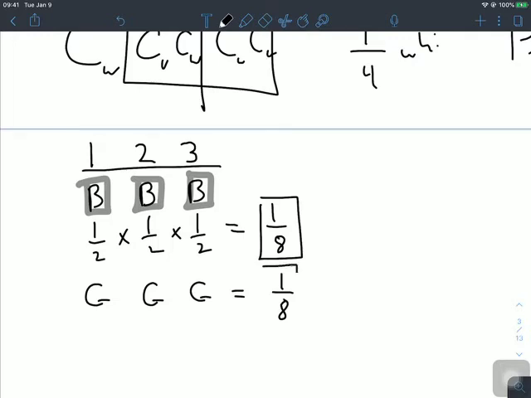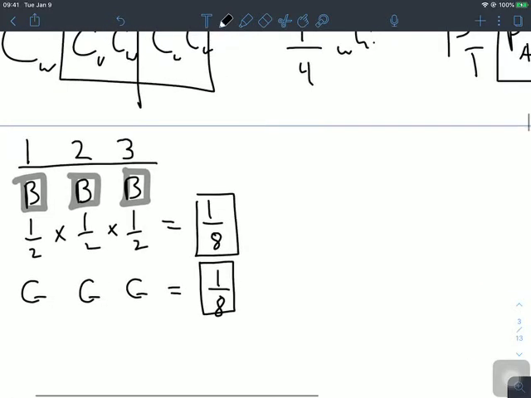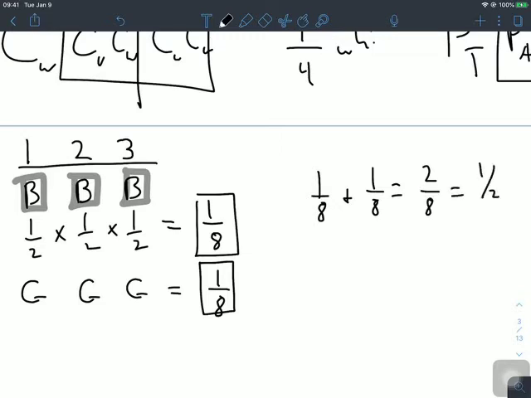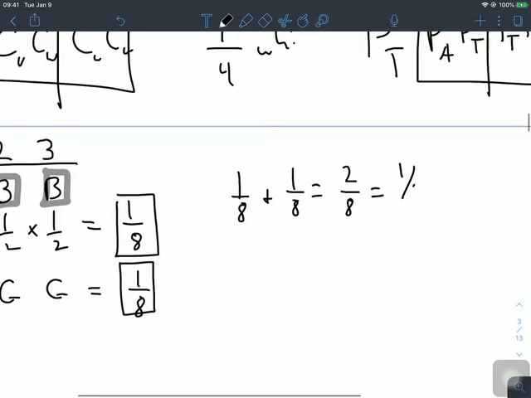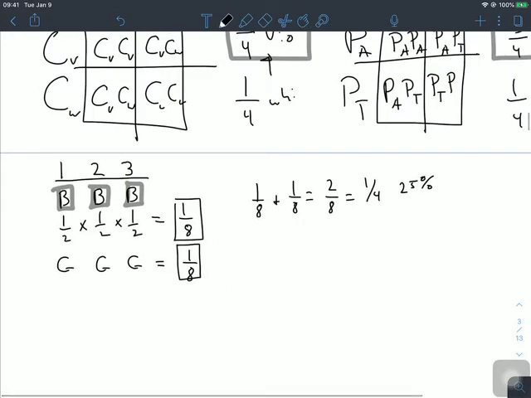Well, it's 1/8. So what's the likelihood of having 3 boys or 3 girls, meaning 3 children of the same gender? That's where we have to use the sum rule. 1/8 plus 1/8 gives you the likelihood of 2/8 or 1/4, or 25% chance of having 3 children of the same gender if you only have 3 kids.